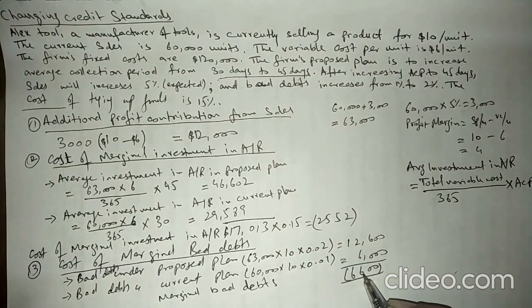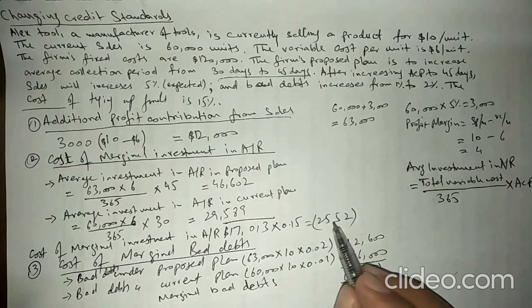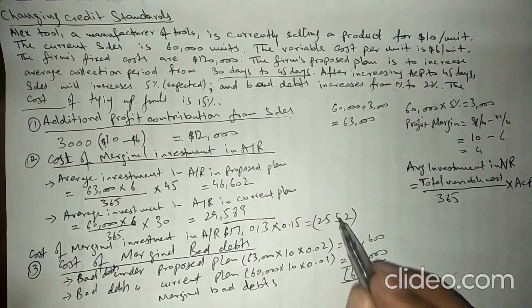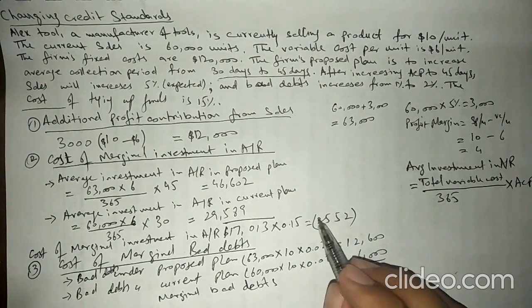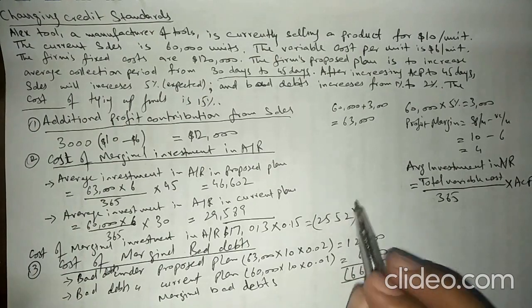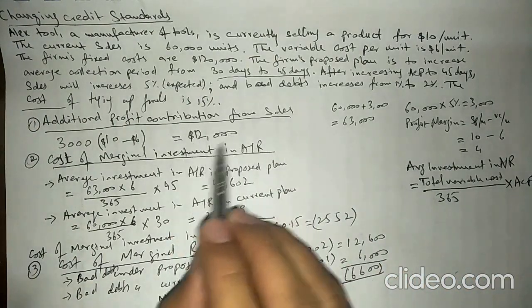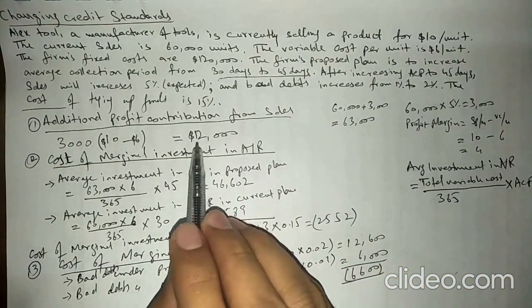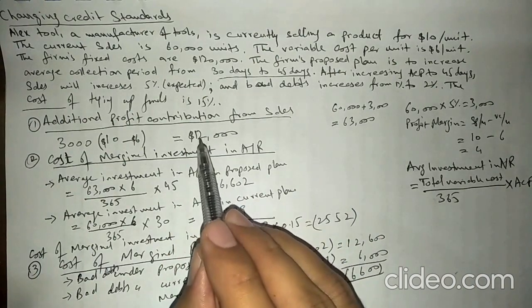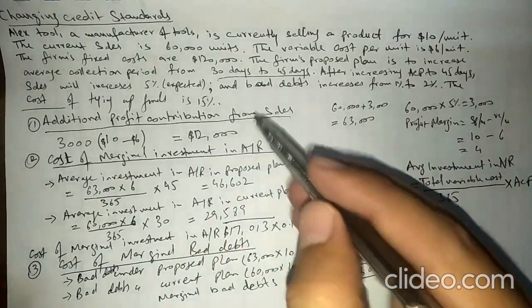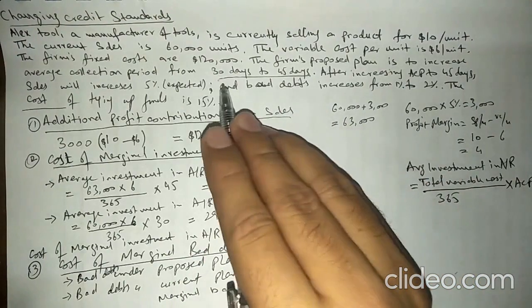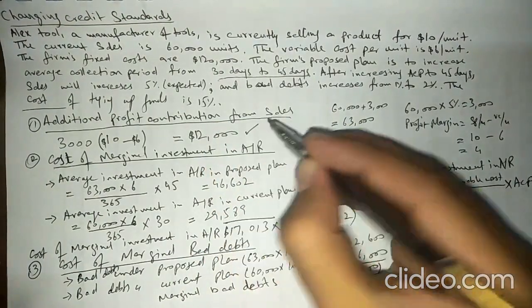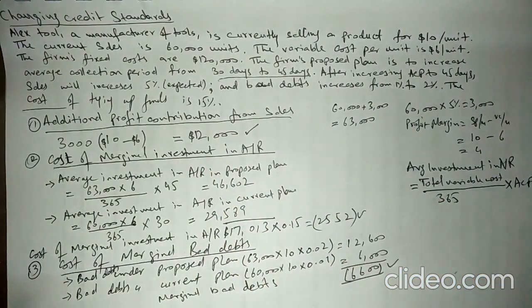We will bear a 2,552 cost against financing of the accounts receivables additionally, and we will get a benefit of 12,000 extra if we go for a new plan or proposed plan. So if we go from 30 to 45 days, this is the benefit and these two are cost.